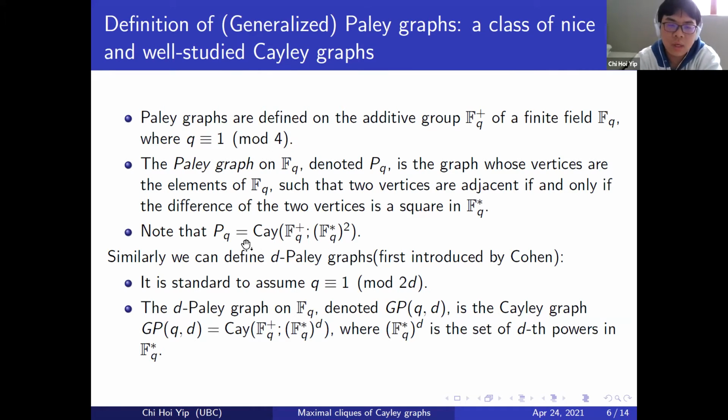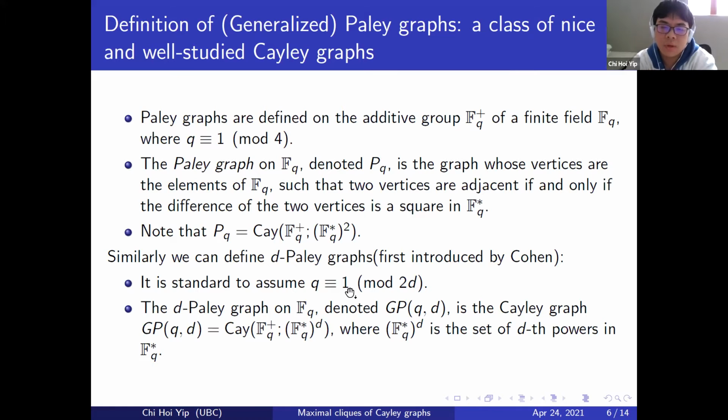In other words, P_q is just a Cayley graph defined on the additive group F_q^+ with the connection set being the squares in F_q star. So we can imagine that generalized Paley graphs are just Paley graphs where the connection set is the set of d-th powers. We can define d-Cayley graphs, and they were first introduced by Cohen in the 80s.